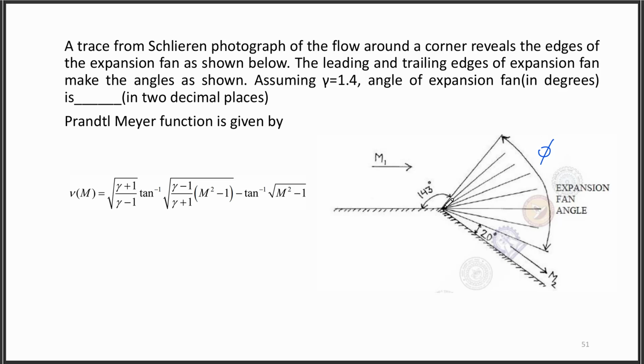So first, let's see what is mu1, the Mach wave angle. This is mu1. As this total angle is 180 degrees, mu1 is nothing but 37 degrees. And what is mu2? mu2 is 20 degrees. So now if we know mu1 and mu2, we can find M1 and M2. M1 is nothing but 1 upon sine mu1.